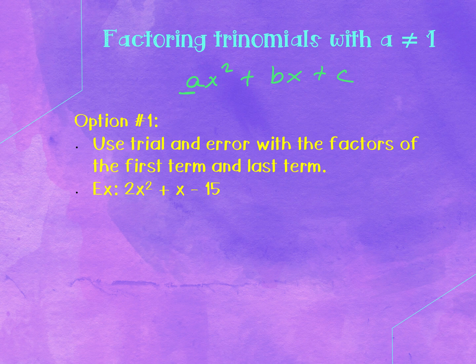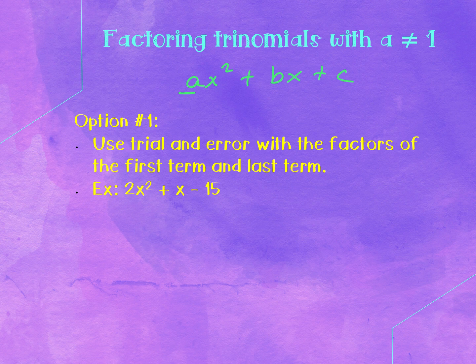Now, when the first term and the last term are kind of large, and if they have a lot of factors, this can be a bit time consuming. But when the numbers at the beginning and the end are small, this might be the faster technique. However, I prefer the factor by grouping option, which is what I'm going to show you next.